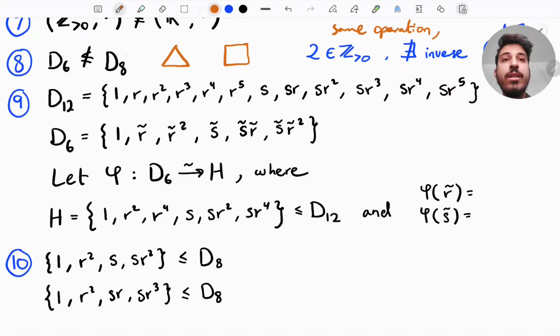So the r in D6 and the r in D8 are two very different r's, not the same element at all. So we might as well say this is r tilde, because they are two different rotations. So D6 is not a subset of D8, therefore definitely not a subgroup of D8.